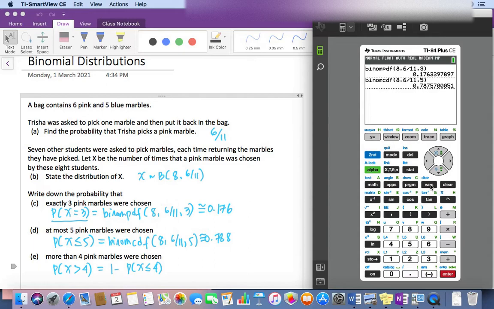Okay, so that's 1 minus, so I'll just write that in my calculator, 1 minus, I still use binomial CDF and remove everything from 0 to 4. Okay, so that's binomial CDF, 8, 6 out of 11, 4, and that's equivalent to 0.466 to 3 significant figures.